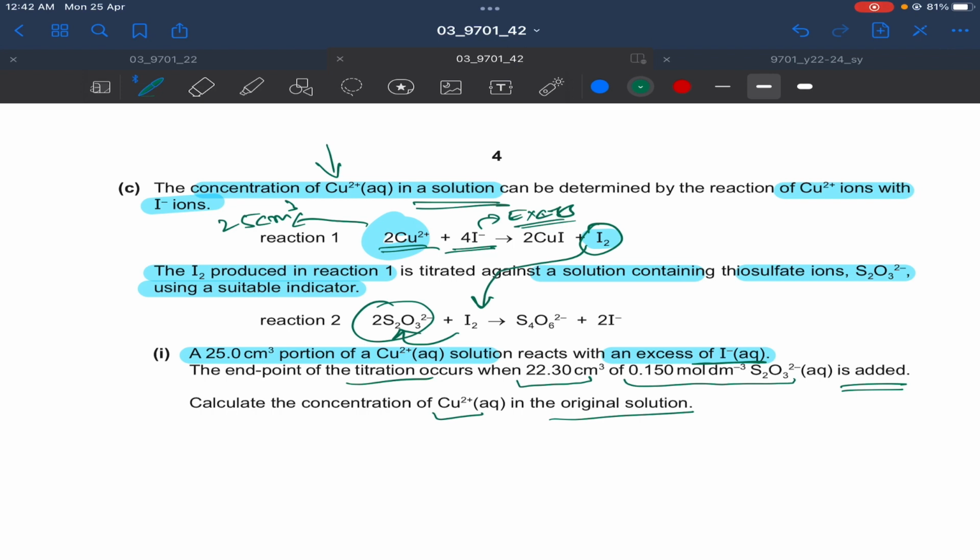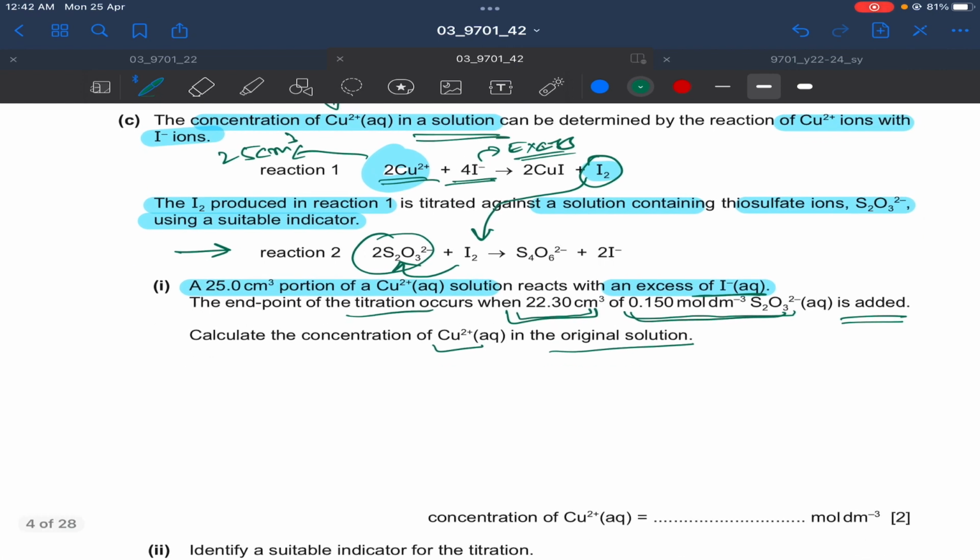Okay, so for the second reaction, they have given us that the end point would occur when we added 22.30 cm cube of 0.150 mole per dm cube thiosulfate ions. So we have the concentration of thiosulfate ions and the volume as well. Now this is a question on back titrations, right? So we would solve it from the end. First, we would calculate the moles of thiosulfate ions.